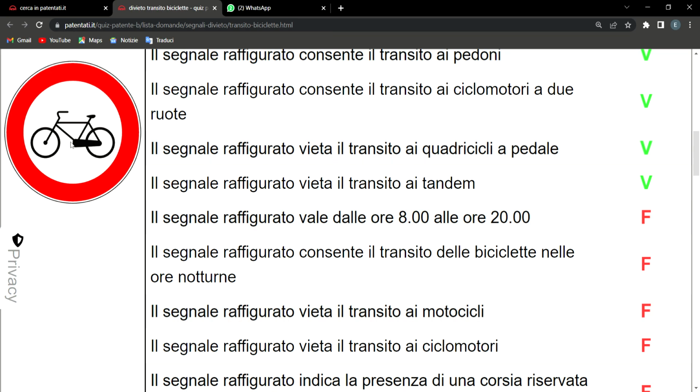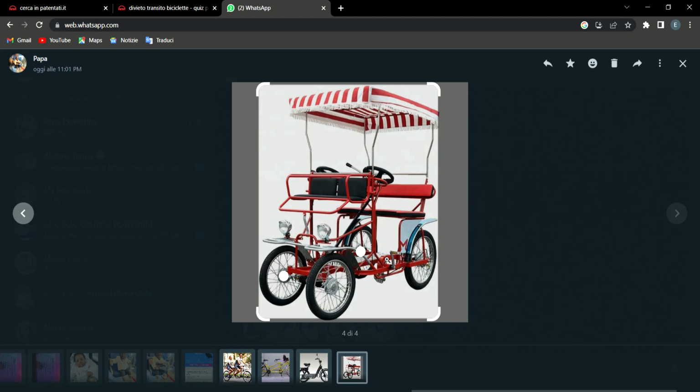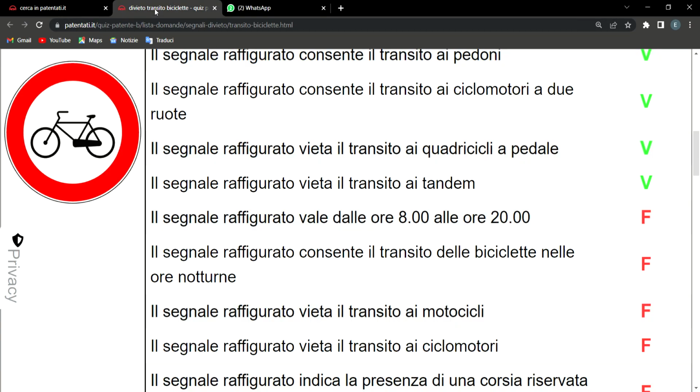Whether the bicycle has 10 tires or 50 tires, you should always take note that it forbids anything called bicycle. An example of quadricicli a pedale is something like this. It's also a bicycle, but the only difference is that this one has 4 tires. So that sign does not permit the transit of this very one. So take note of that. That is the reason why this one is vero.